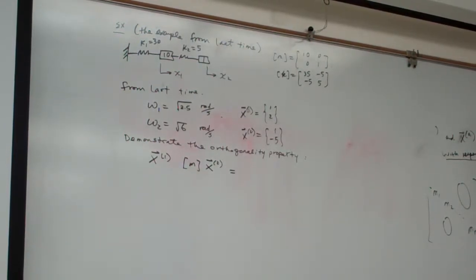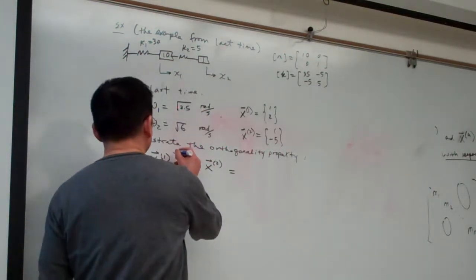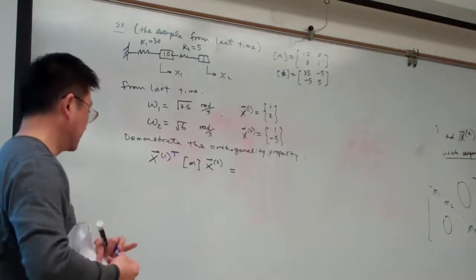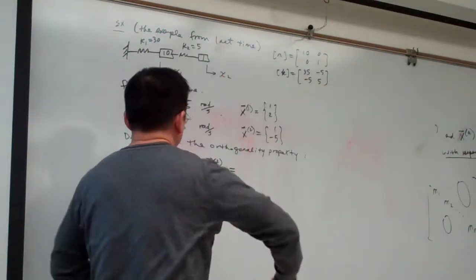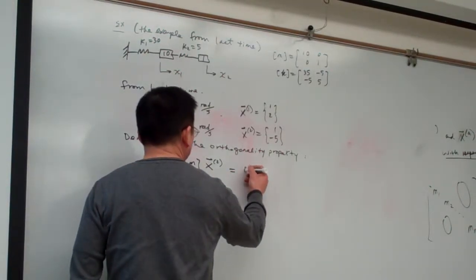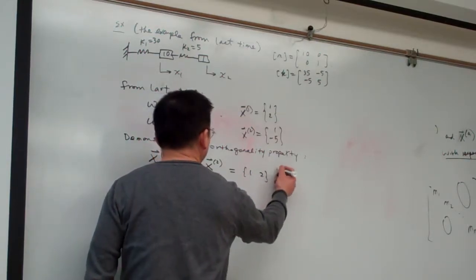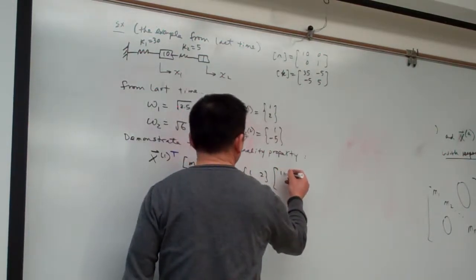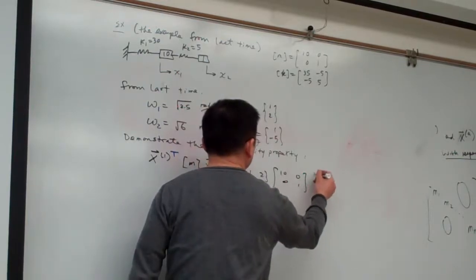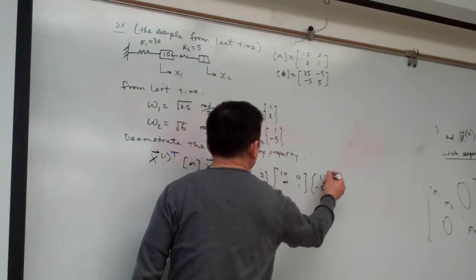Have I made any mistake? Transpose, good. So that equals 1, 2, and the M matrix is 10, 0, 0, 1, and this is 1, minus 5.